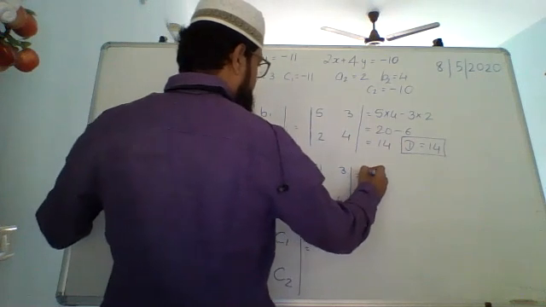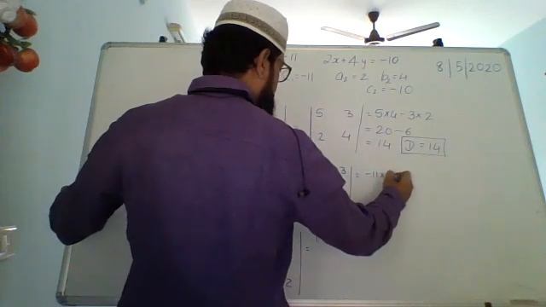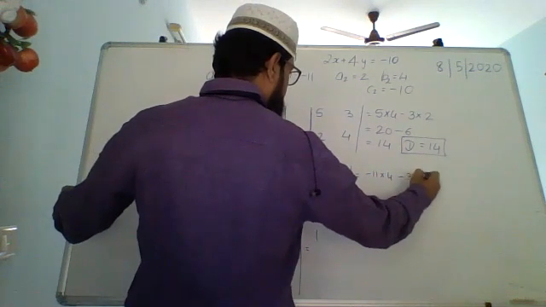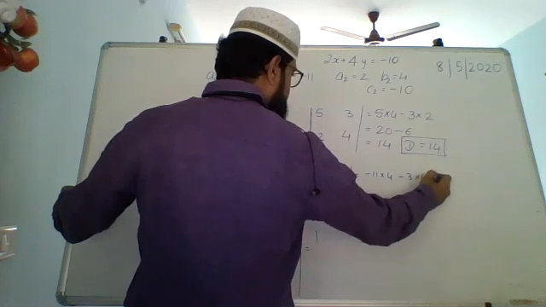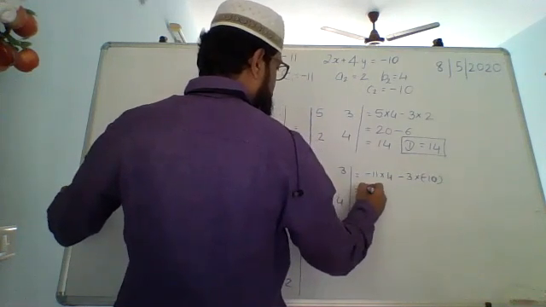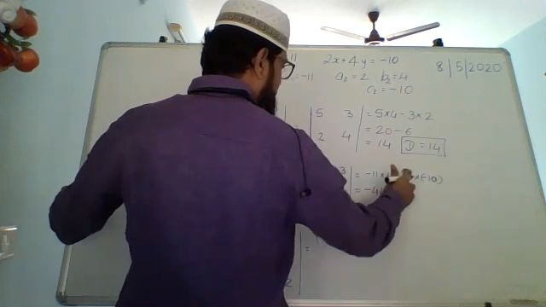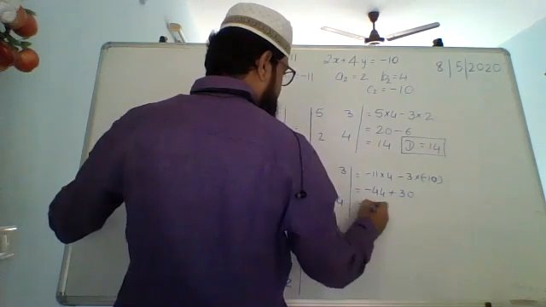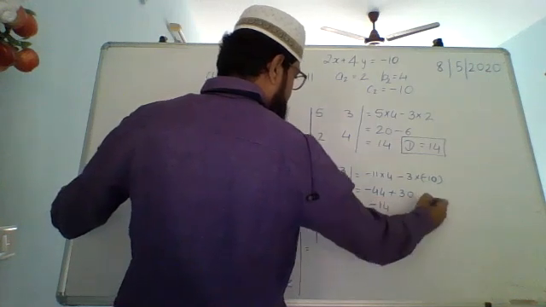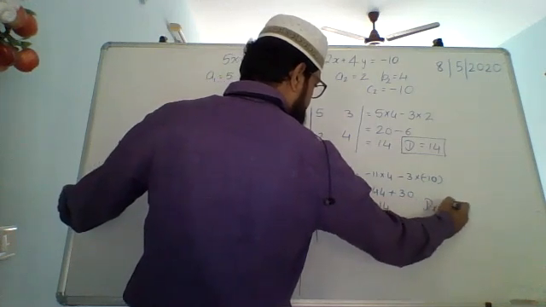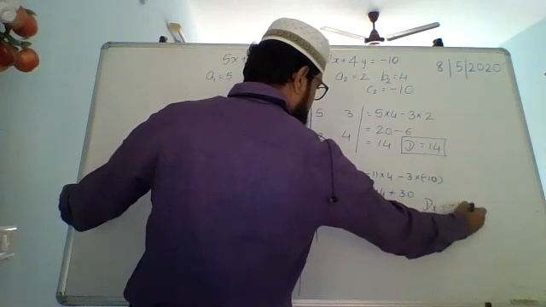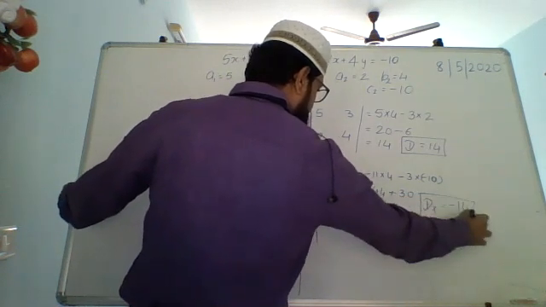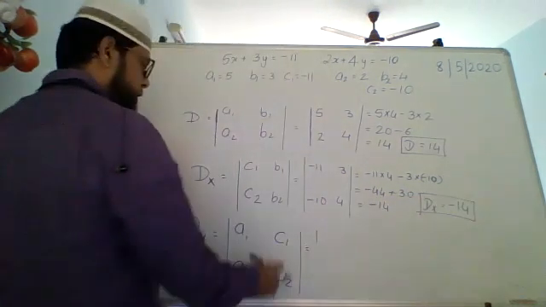So this will be minus 11 into 4 minus 3 into minus 10. Minus 11 into 4 is minus 44, and minus into minus is going to become plus. 3 into 10 is 30, which is equal to minus 14. So dx equals minus 14.